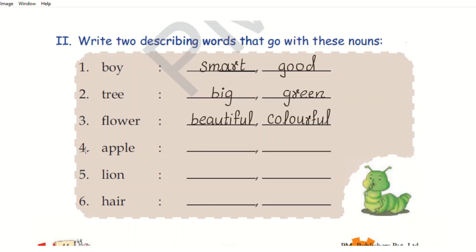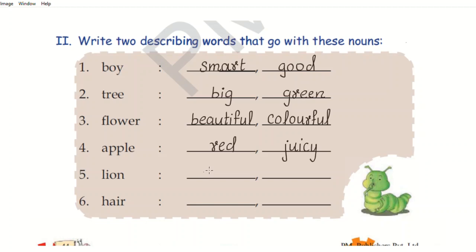Let's read number 4. Apple. We can write the describing word for apple, red. Children, write red. And the other describing word can be juicy. So let's write juicy. Next noun given, lion.